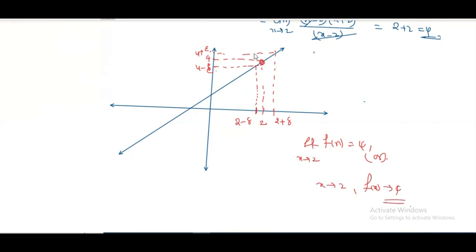So f of x tending to 4 means, when it is approaching from the left side or from the right side, the value is approaching 4. From this side it is coming to 4, from this side it is coming to 4.